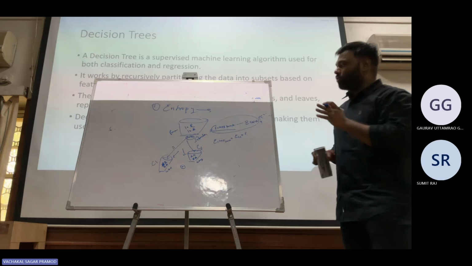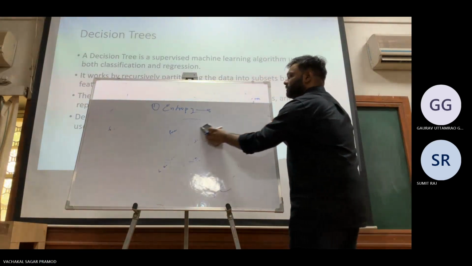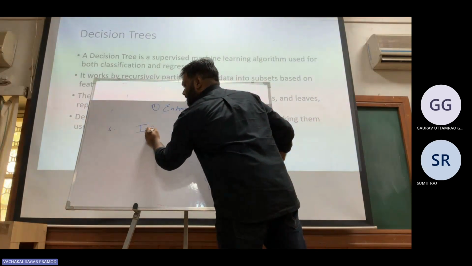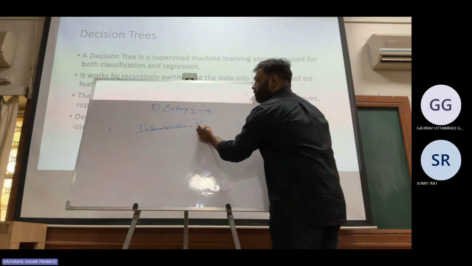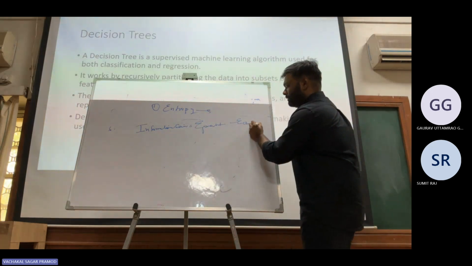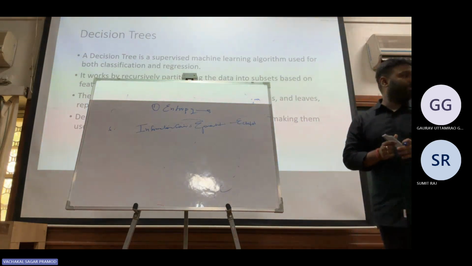So the simple thing boils down to information gain. Information gain is nothing but entropy of parent minus entropy of child. If there are three children, it would be entropy of child one plus child two plus child three.